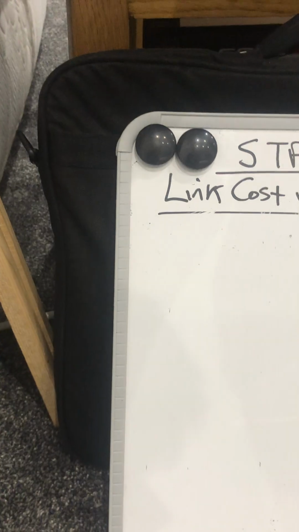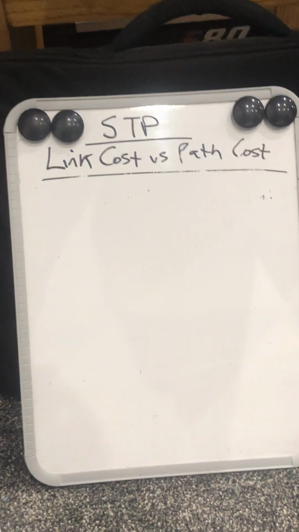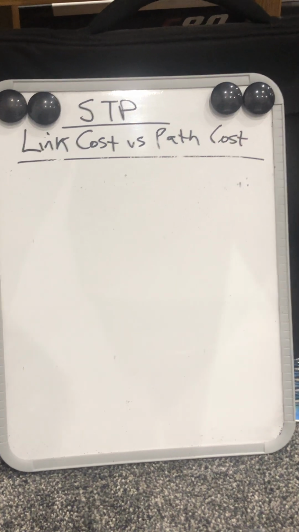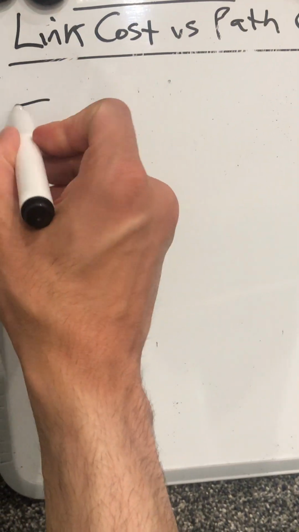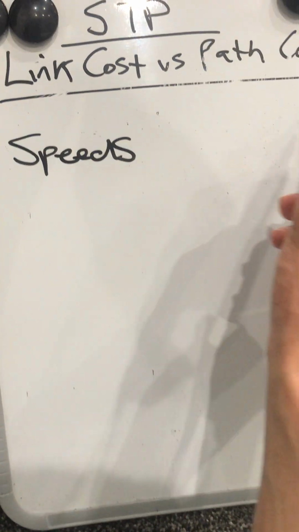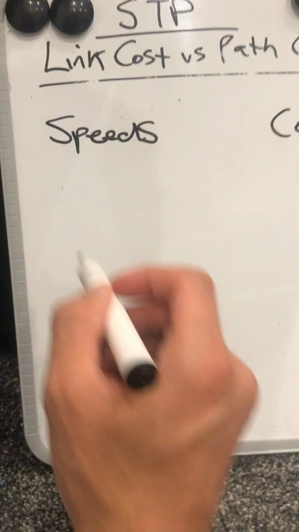firstly, just before the example, it's important to know the link costs that are associated with the different speeds. So what speeds we have and what are the costs.